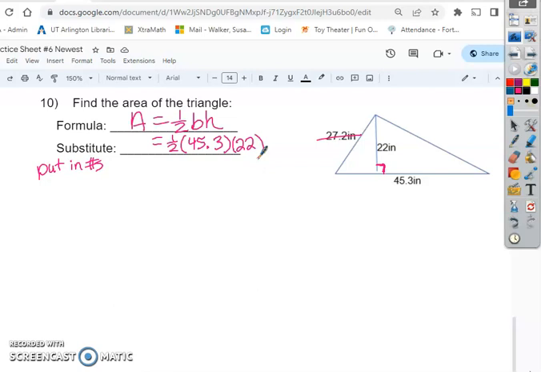So you can do one of two things. You can do 45.3 times 22, if that's how you learned it. 45.3 times 22, then divide by 2. To me, that's a backup method. I like to do half of 22. So what is half of 22?